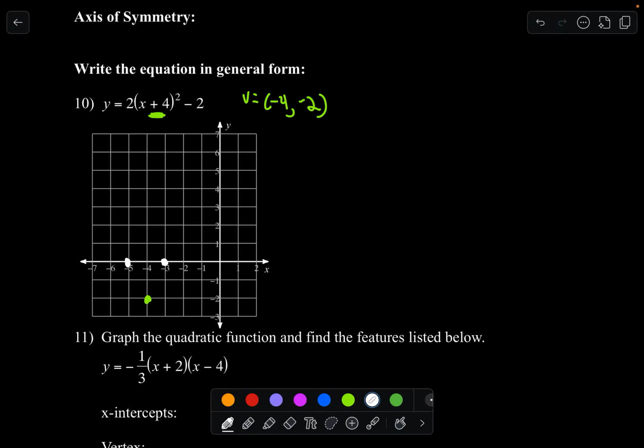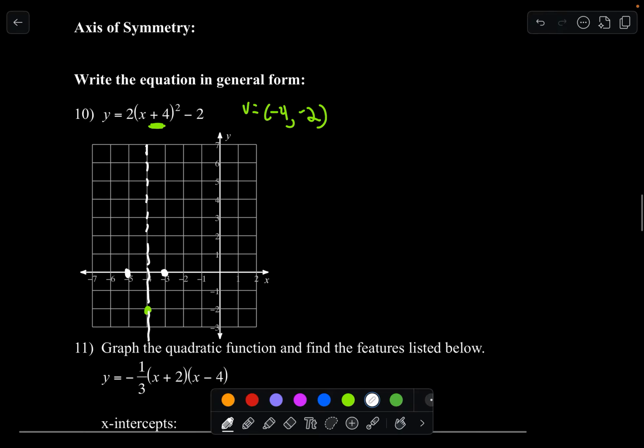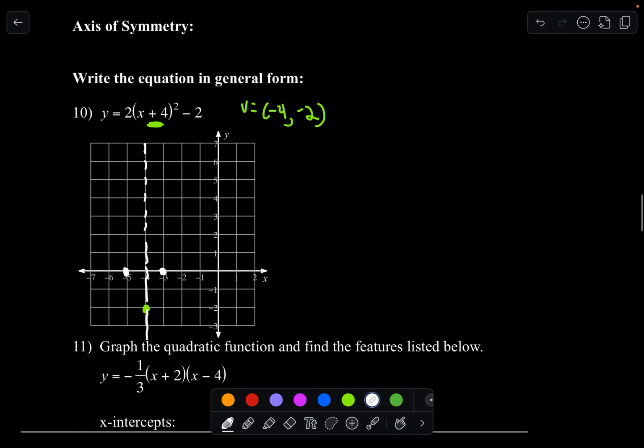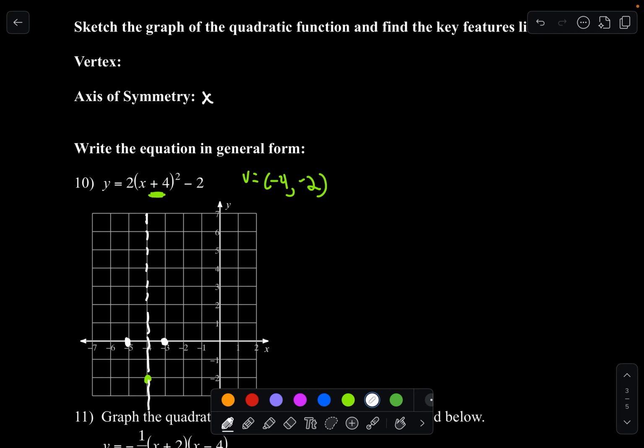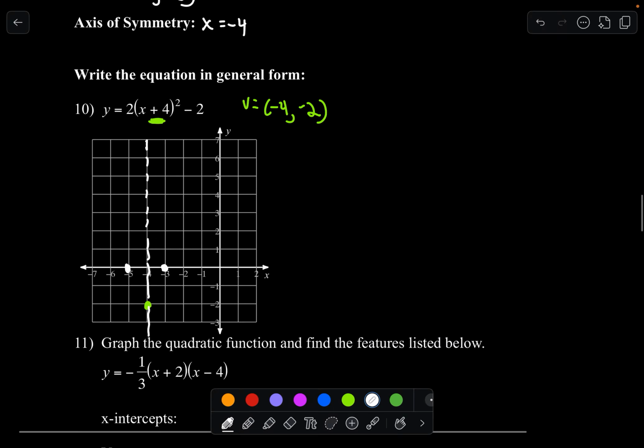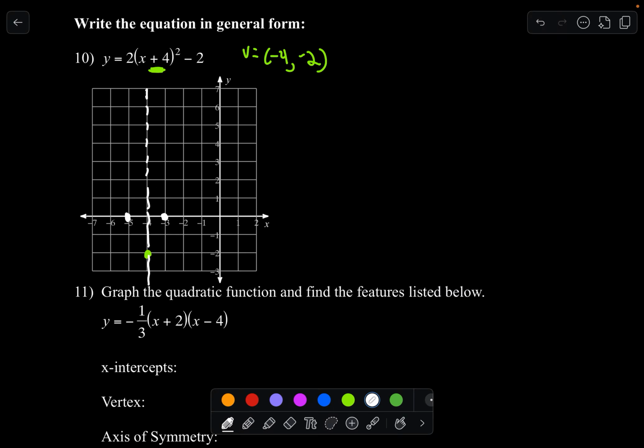Likewise, it's over here. By the way, I should put in my axis of symmetry, which goes right down the middle where the vertex is. So the axis of symmetry, AOS, is x equals -4. The vertex is (-4, -2). And I'll write it in general form after I graph. Just like we should, we went over 1, squared it, that's 1, and multiplied by the stretching factor, we went up 2.